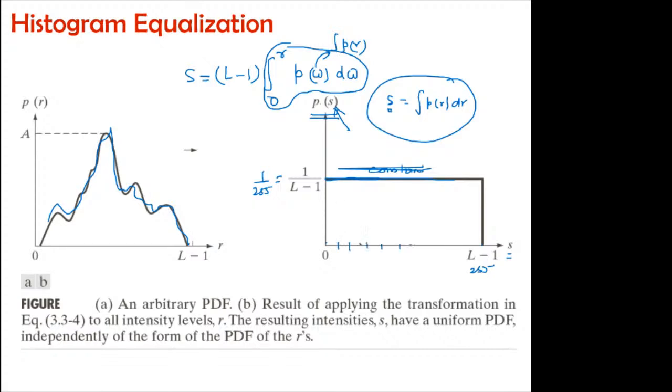These are the intensity values, and these are the number of pixels. So at every intensity value, the number of pixels is the same. And this means that histogram equalization has been achieved. So this is the principle behind histogram equalization, that we try to make the histogram flat, uniform.